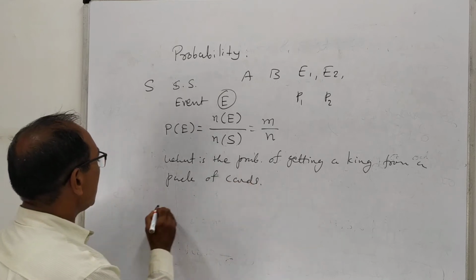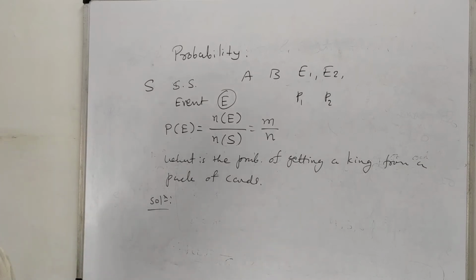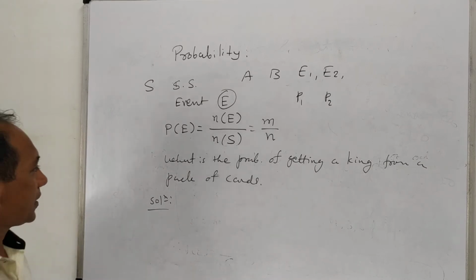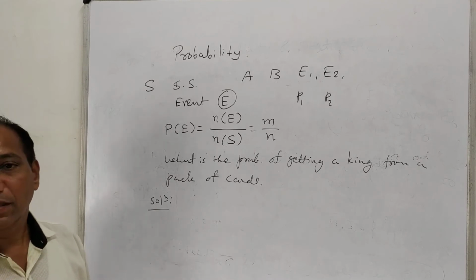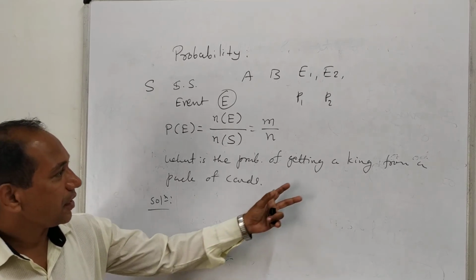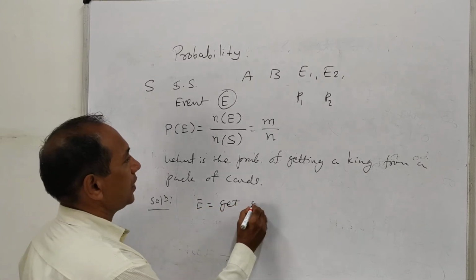First of all, in probability we need to identify two things, the sample space and the event. Here the sample space itself is a pack of cards, and the event E is to get a king.